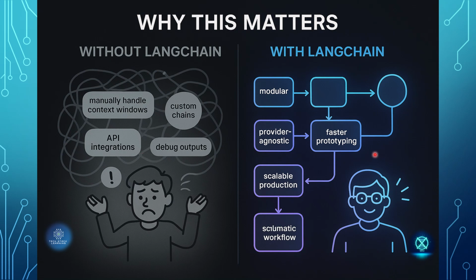With LangChain, everything is modular. It's a very modular architecture. It is reusable, and it is provider agnostic. Different LLM provider wrappers are available, and it is faster for development because of less coding. Then it is scalable and production ready, and it also allows you to have your own workflow, right? That is why it matters a lot.